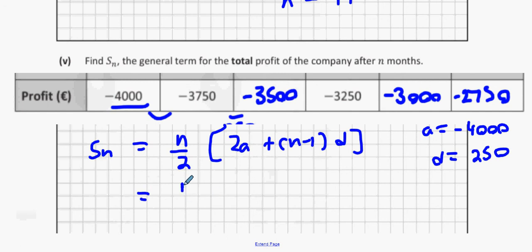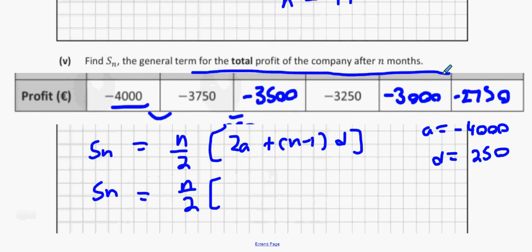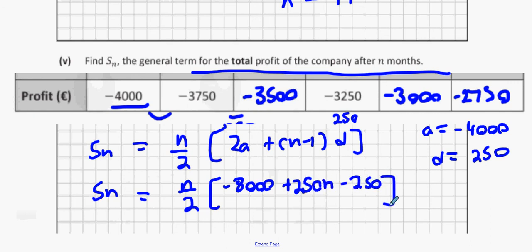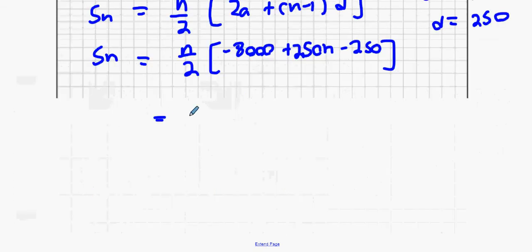n over 2. Not yet. I'm looking for the general term. Okay. All right, guys. What's 2 times a? Minus 8,000. D is 250. Multiply n by 250 and... Yes, that formula is, yeah, it's under sequences and series.